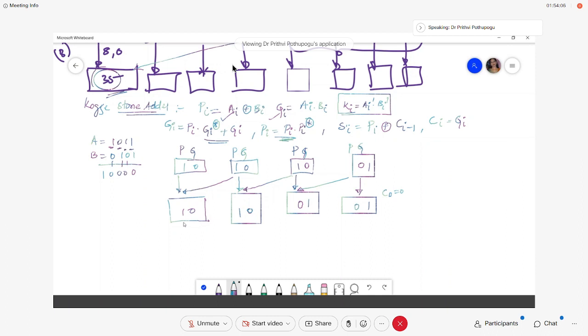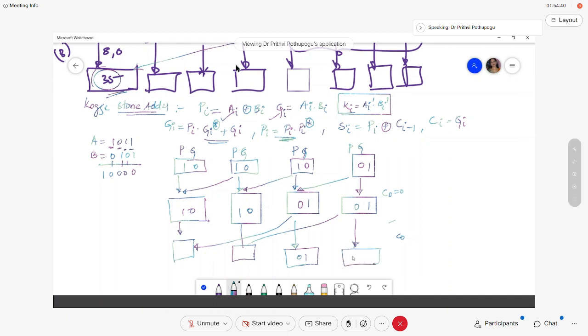Now communicating with the neighbor that is at a distance of 2 is this stage. So here this C naught will be 0 now. So here we can take that this is settled. This is settled, though you can have this as 0. This is settled, and this is also settled.